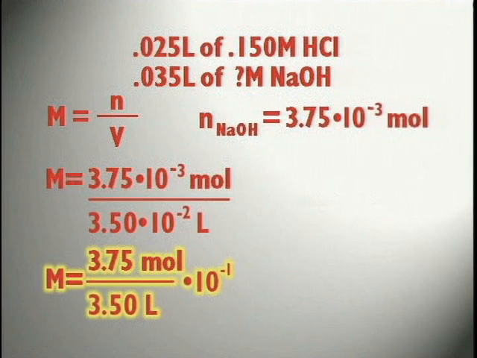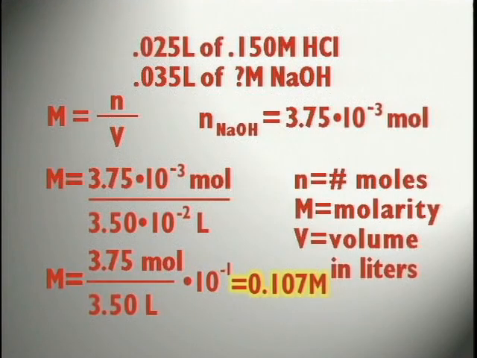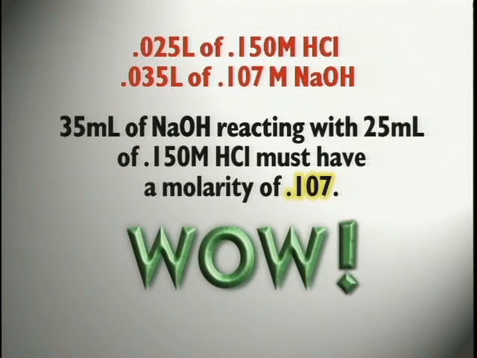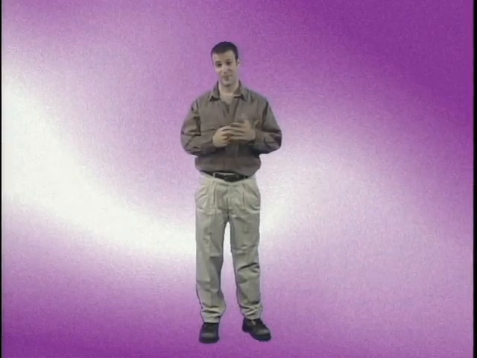Cancel it down to 3.75 moles over 3.50 liters times 10 to the negative 1. Our answer is 0.107. That means that 35 milliliters of NaOH solution reacting with 25 milliliters of 0.15 molar solution HCl must have a molar concentration or molarity of 0.107. Wow! Let's review.